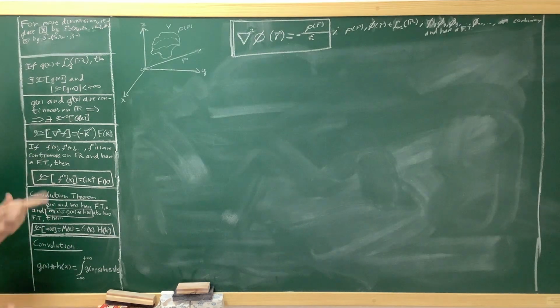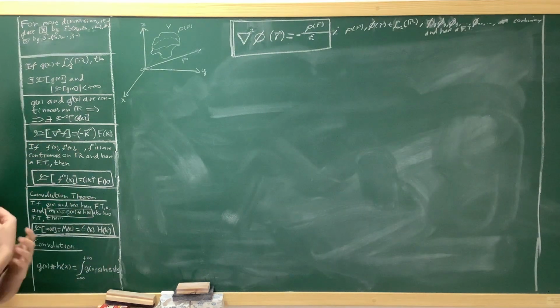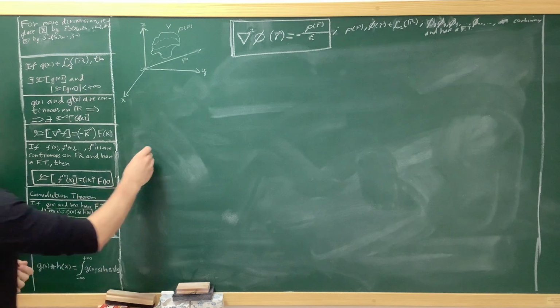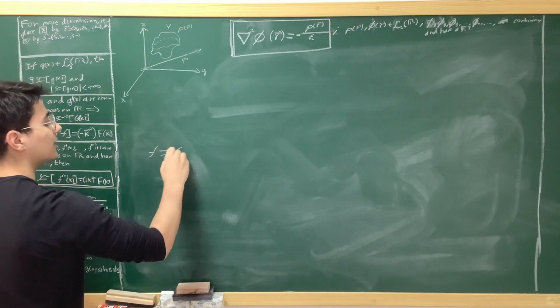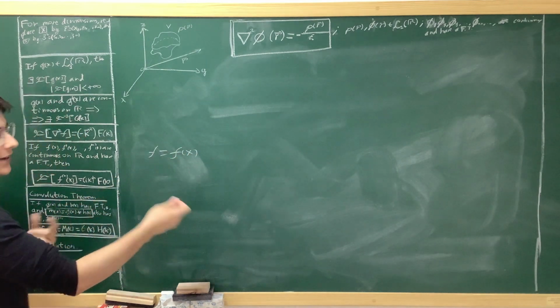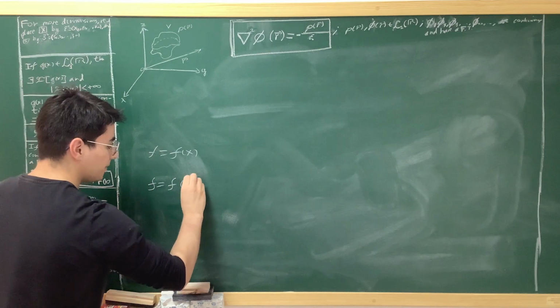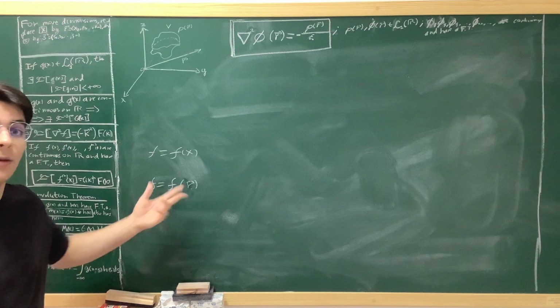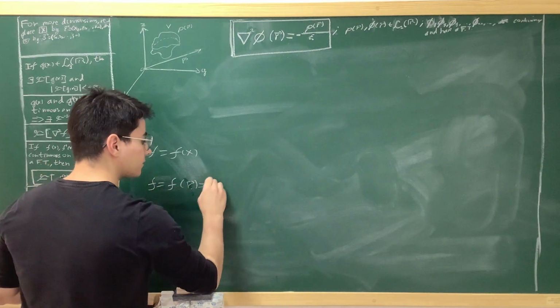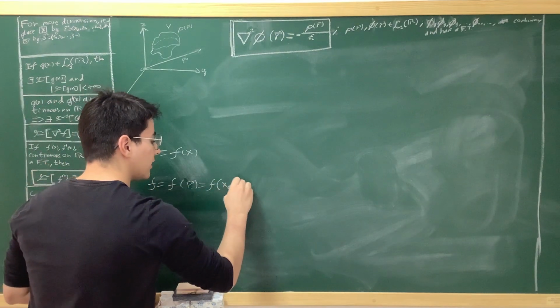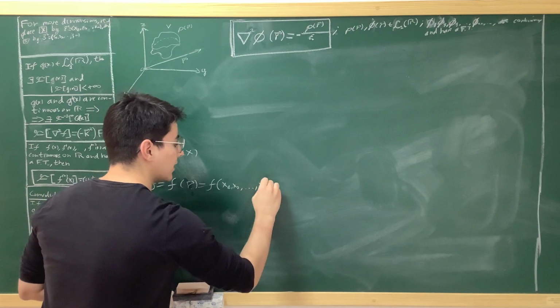Now, in the case of multivariable functions, for example, if f is, instead of being f of x, f of a vector r, this is just notation, not really a vector, it is the same as x1, x2, and so on up to xn.